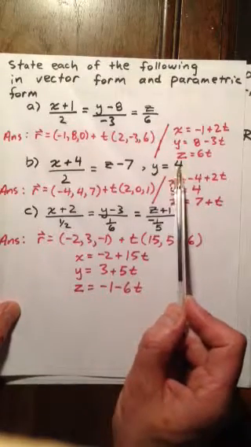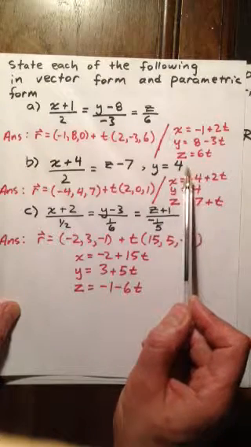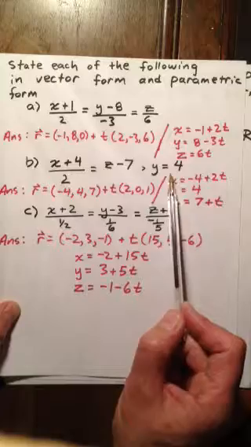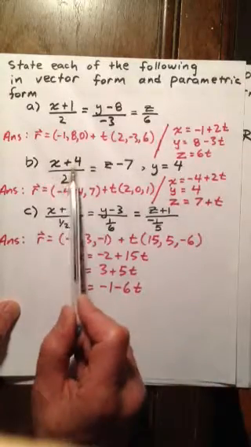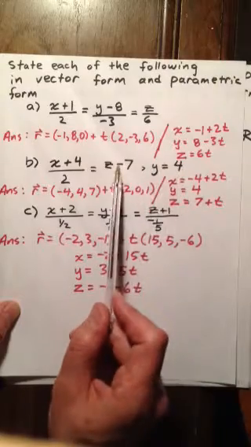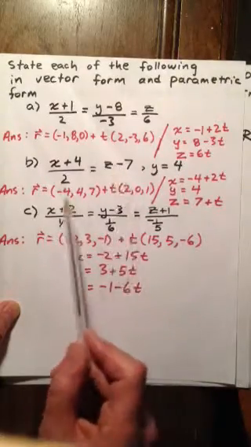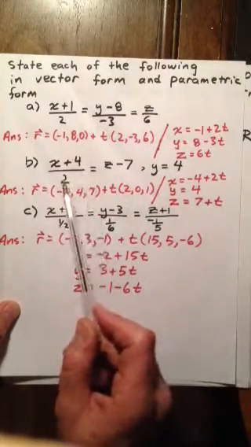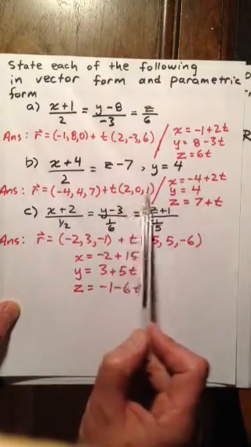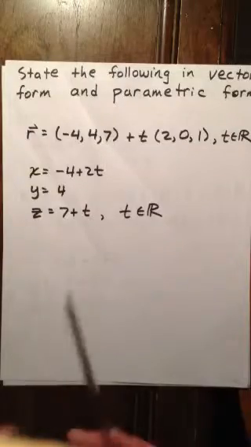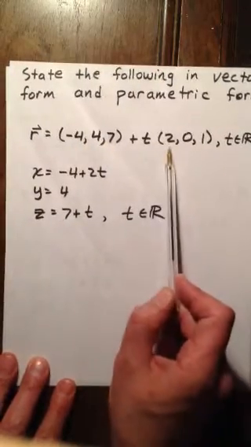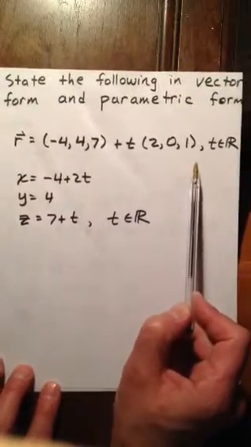So we simply say y = 4. What that means is that the y value will always be 4, and the direction vector component for y is 0. So we get (-4, 4, 7) as our point, and (2, 0, 1), with a denominator of 1, as our direction vector.